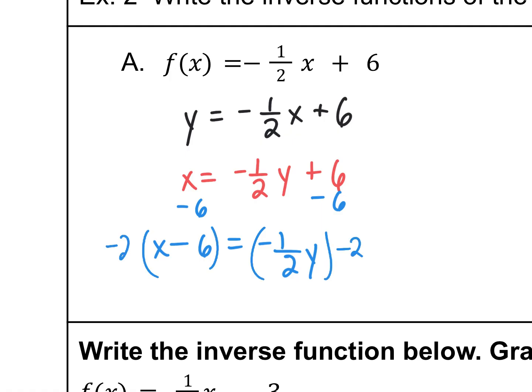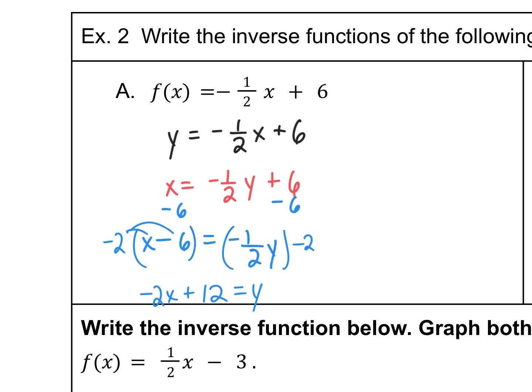And if I do that on the right side, I've got to do it on the left. So on this side, I end up with y equals. That's what I wanted. And then on the other side, I'm just distributing -2. And I'm just about done, but I can't leave it as y equals, because I just found the inverse.